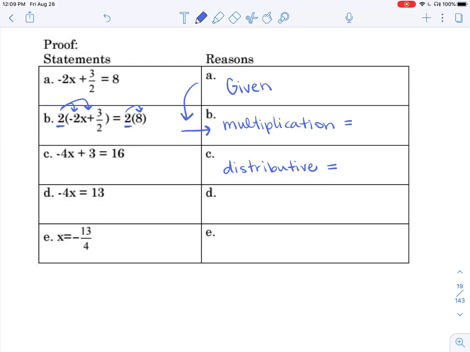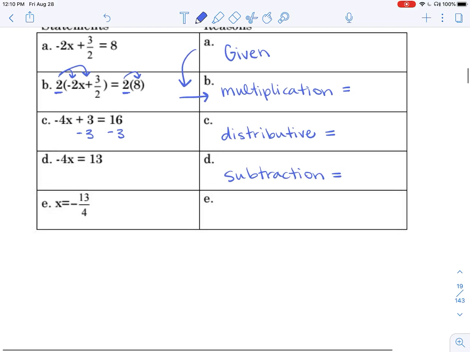So follow what it's doing here, because I know there are a couple of different things that you could do. But in this case, to move from C to D, we are subtracting that 3. So it's our subtraction property of equality. And then, to solve this further, we are dividing, so it's the division property of equality.